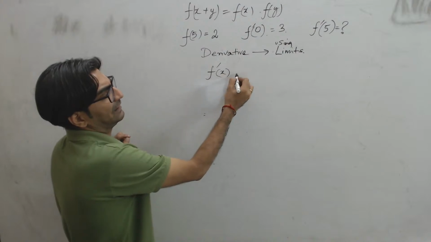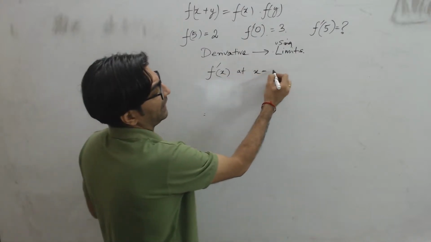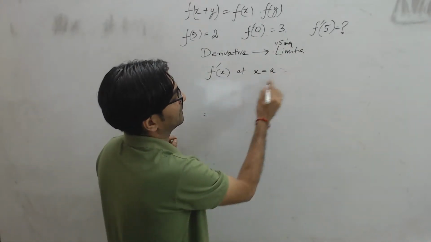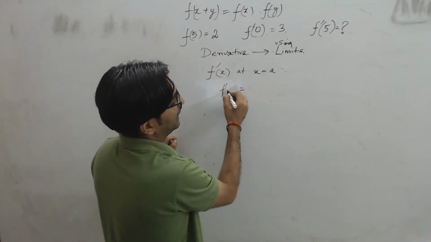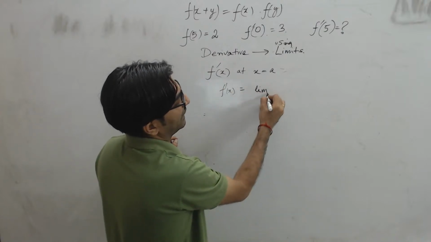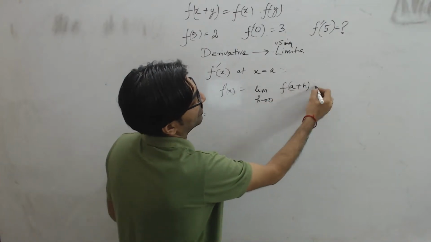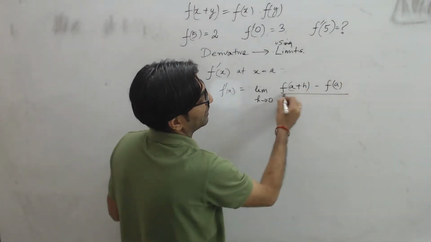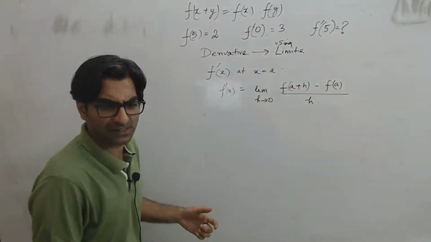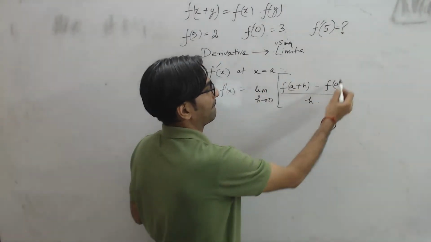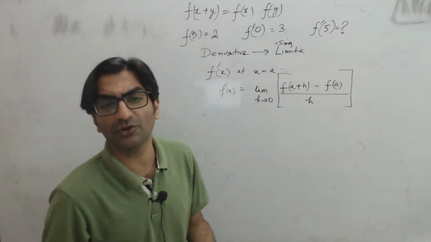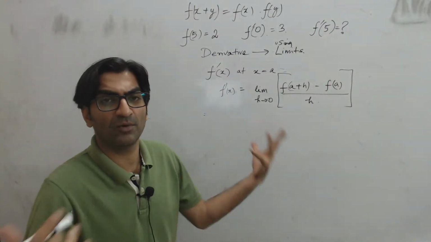f dash of x at x equal to a is defined as f dash a equals limit h tends to 0 of f of a plus h minus f of a, divided by h. You remember this? And the moment you remember this, the eureka moment will also happen.